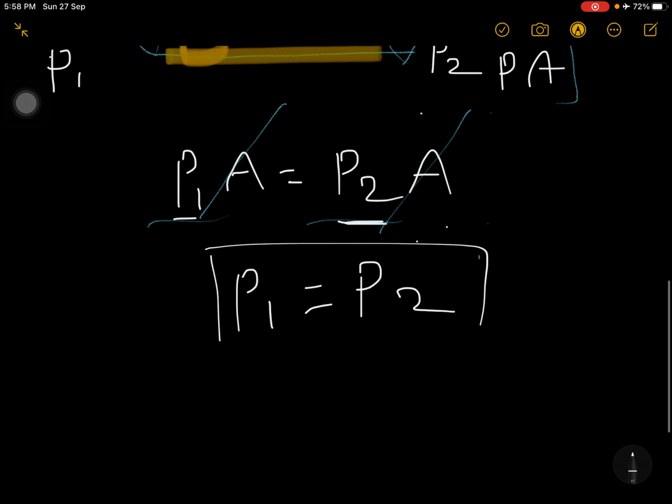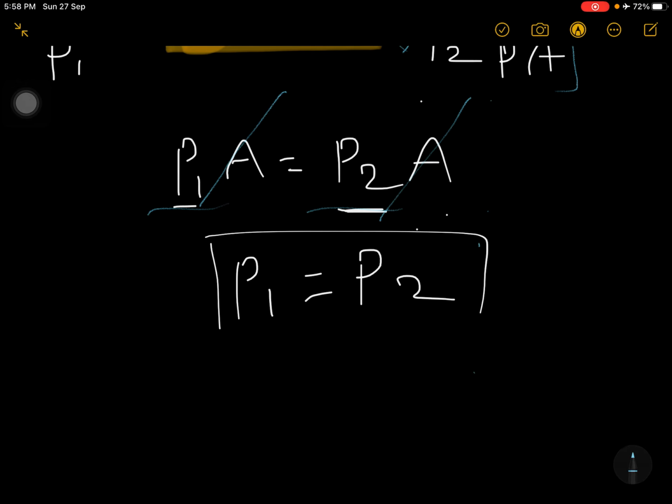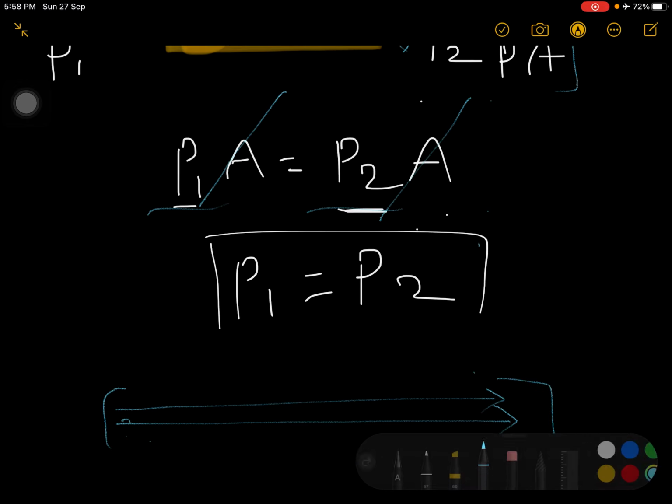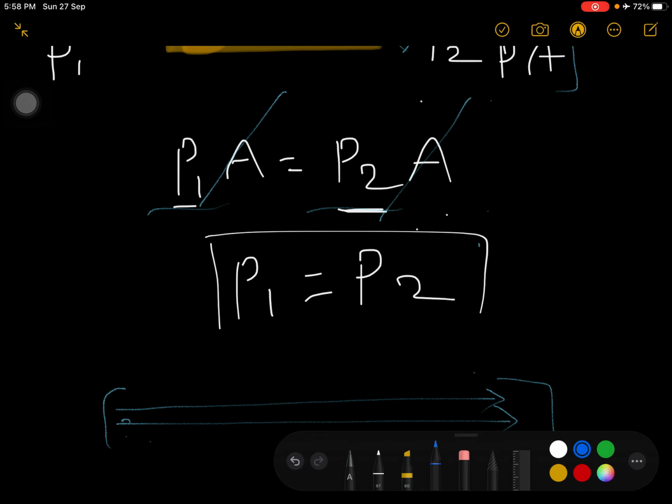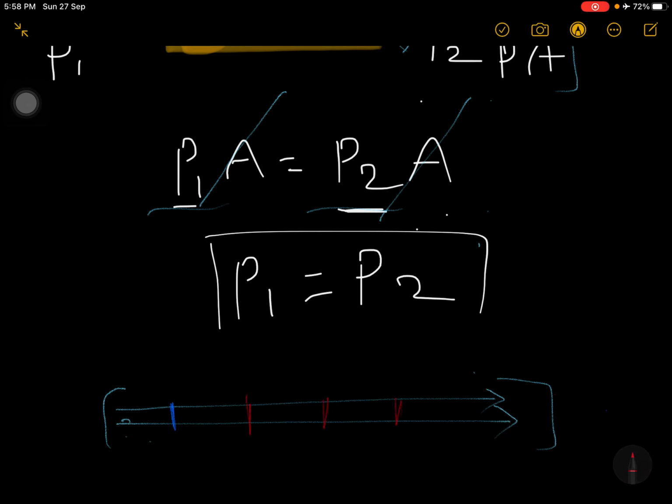From this we can conclude that when we move horizontally in a fluid at rest, the pressure at any point, at this point or at this point, is the same. At any point P is the same.